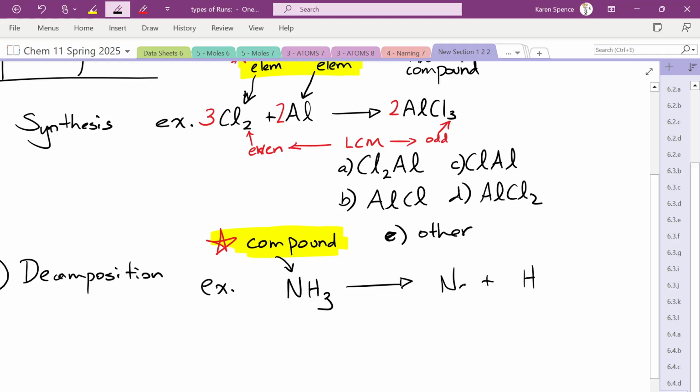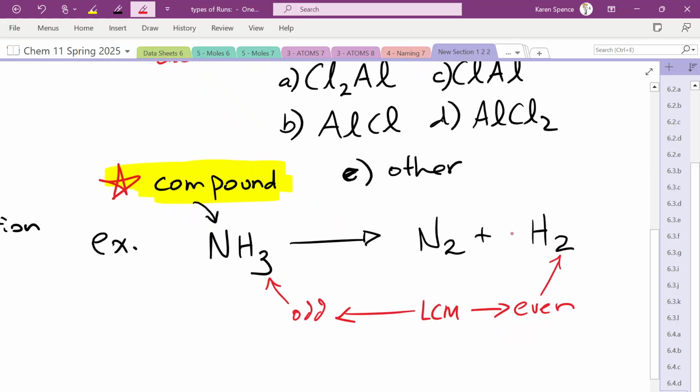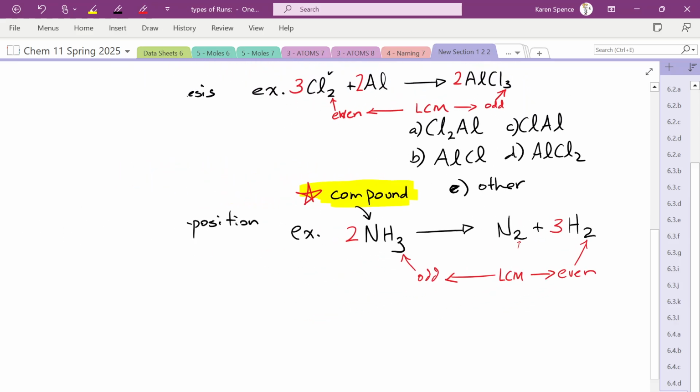Yes, N is diatomic, H is diatomic, and oh my gosh, look what we have again. We have an odd and an even. So we're going to use the LCM. So we want to get 6 hydrogen here. So that's a 3, gives us 6. And on the other side, a 2 gives us 6. And oh, we already have 2 N's, so we're good to go on the N's.